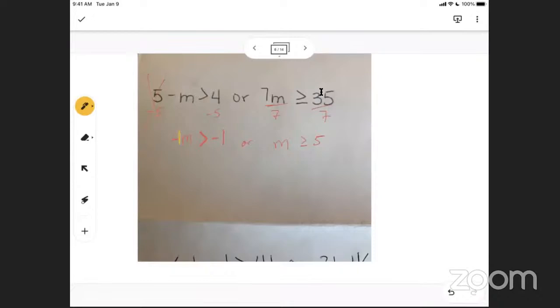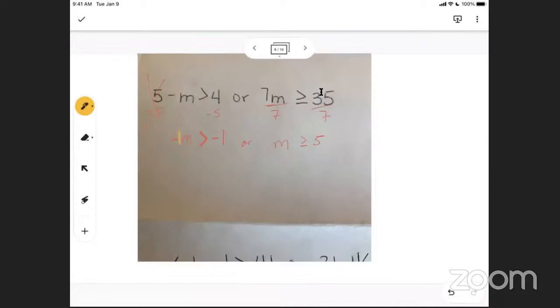Add. No, because it's not being added. It's being what? Subtracted. It's actually being multiplied. Oh, yeah. Do you see how that's being multiplied by the M? Yeah. So how can I get rid of that negative there? You're gonna do the inverse and divide.